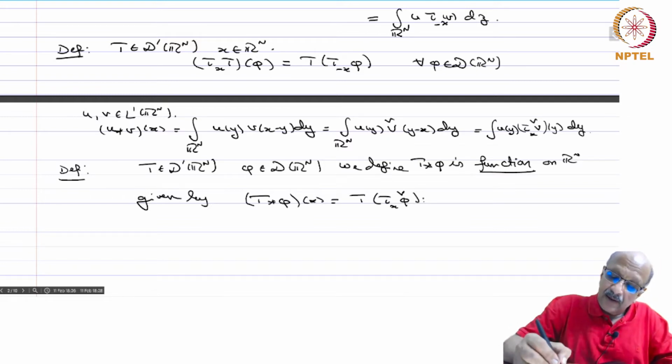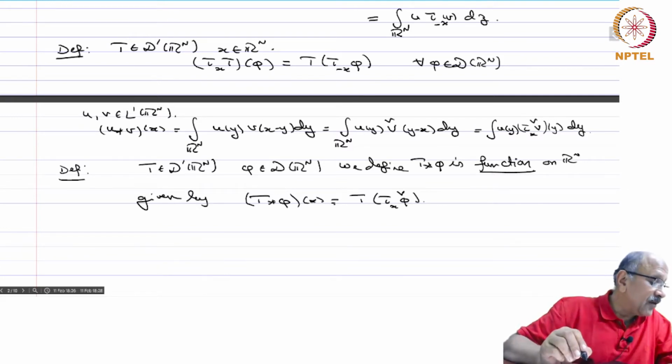Again, if phi n is a sequence which converges to 0, then tau x of phi chesh is also a sequence converging to 0 in D of Rn, and therefore T of that will go to 0, and so this defines a well defined function.